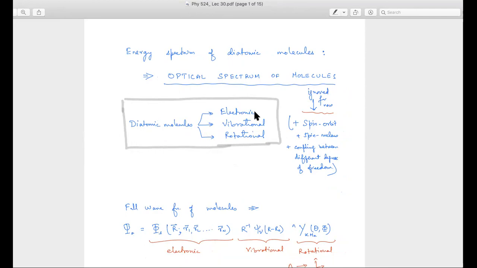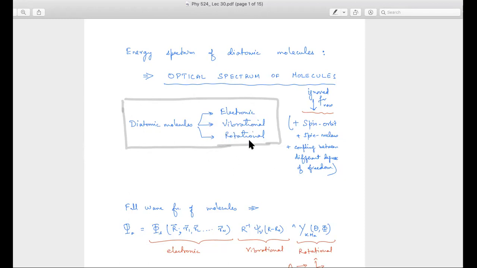And decoupled doesn't mean completely disassociated, because the electronic degrees of freedom involve the nuclear separation, capital R, and that goes into the vibrational spectrum also as a potential, basically, with this Morse potential kind of a feature. The minimum of which is the interatomic distance for the molecule in equilibrium.